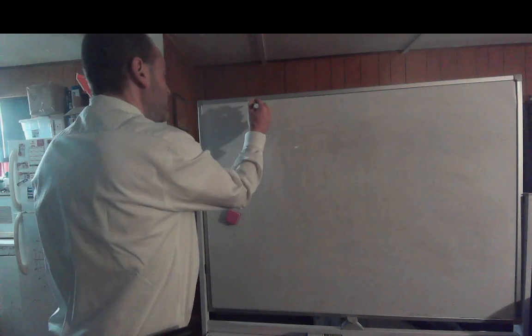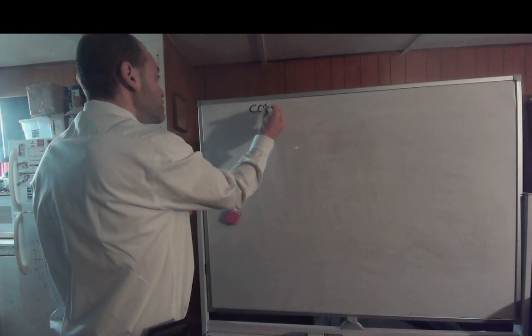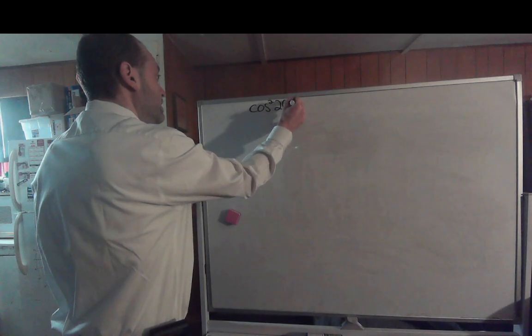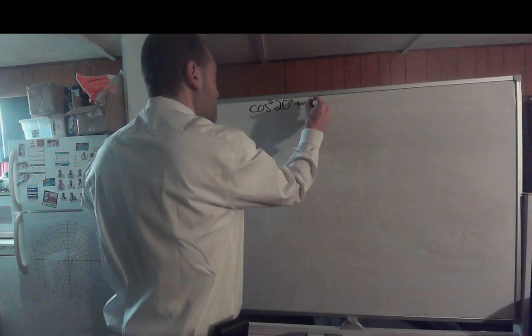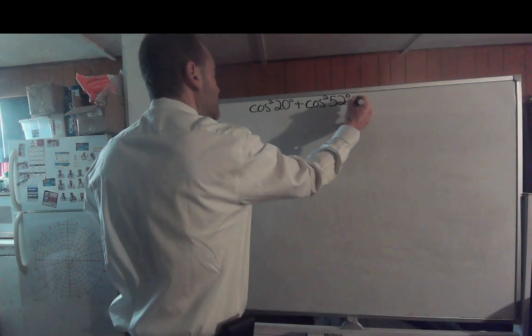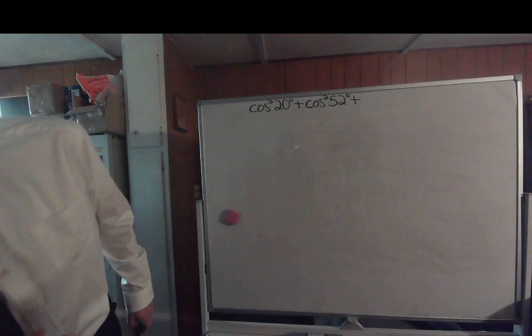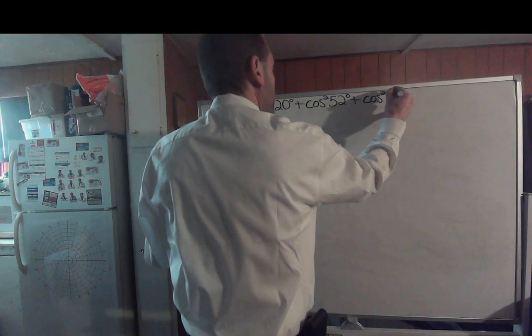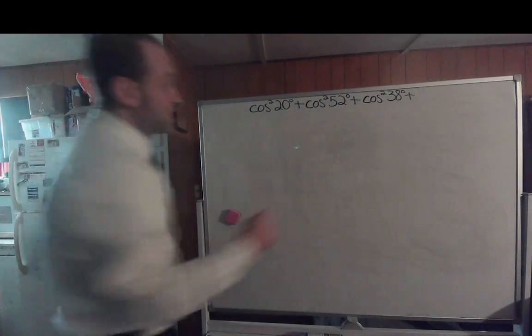Two more of these, then we're going to move on to some logarithmic trig identities. So we are now given the cosine squared of 20 degrees plus the cosine squared of 52 degrees plus the cosine squared of 38 degrees plus the cosine squared of 70 degrees.